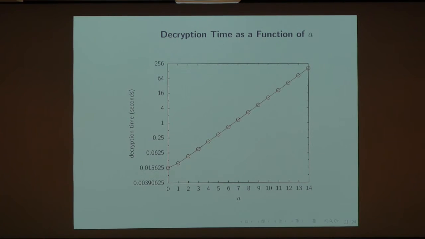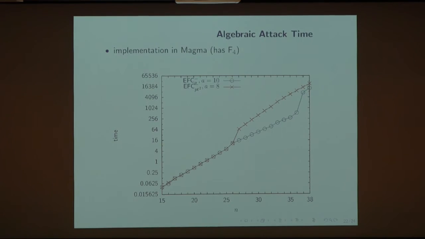And if you lose this information, you have to guess it before you can even start solving the linear system. So you want to keep A as small as possible. On the other hand, as n increases, the complexity of the algebraic attack also increases, which is exactly what you would expect.